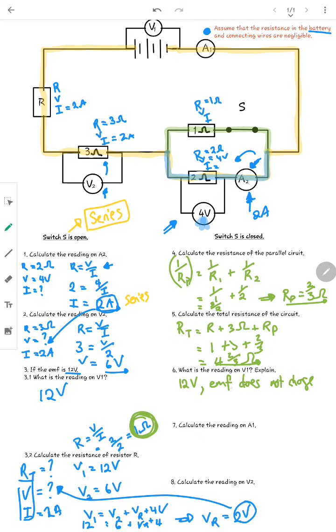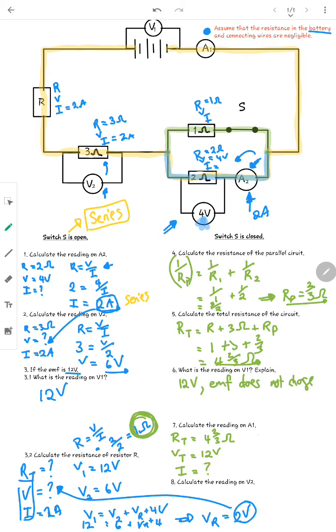Now they ask us to calculate the reading on ammeter number 1. So remember, you know your total resistance is 4 and 2 over 3 ohms. You know your total potential difference is 12 volts. And A1, ammeter number 1, that is your total current in your circuit, because an ammeter right next to your battery is always going to be your total current.